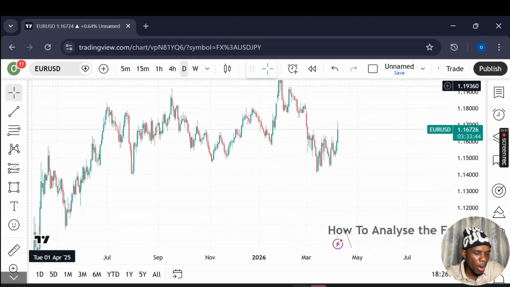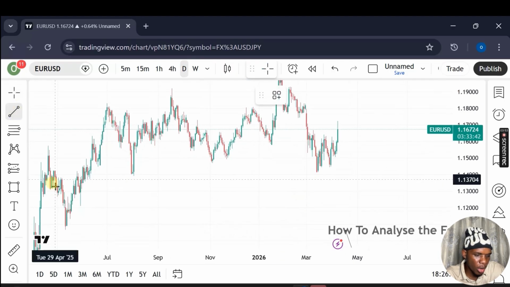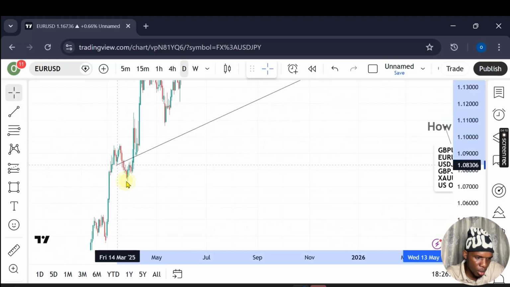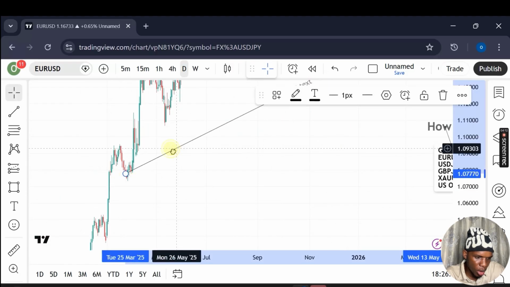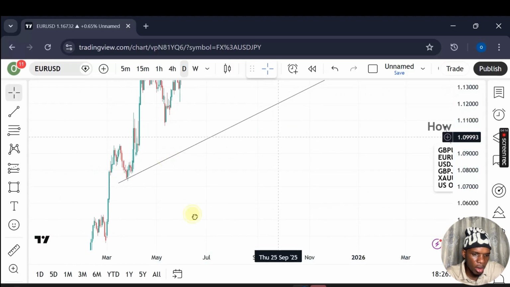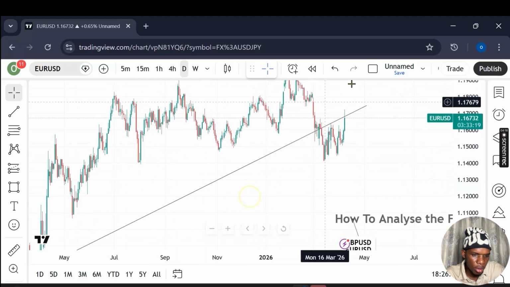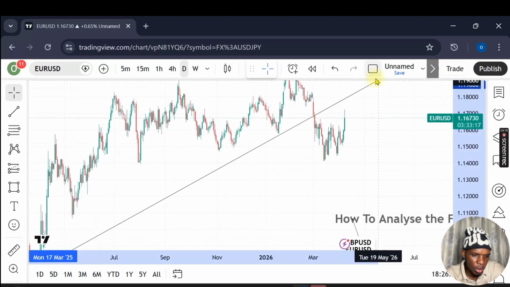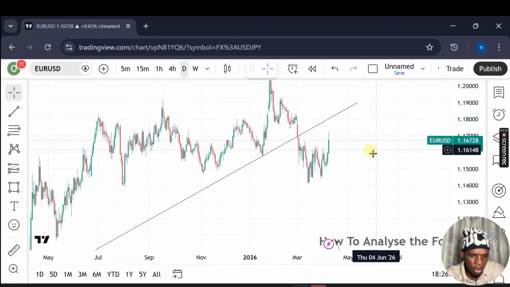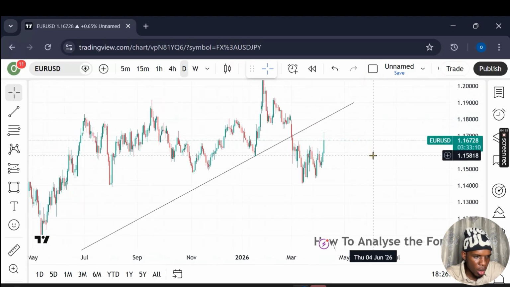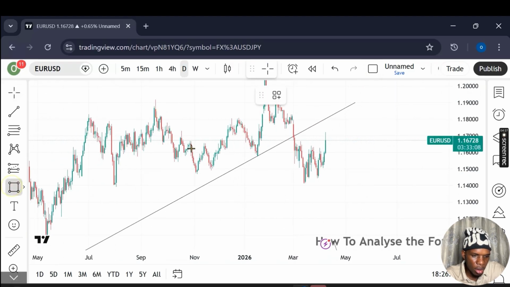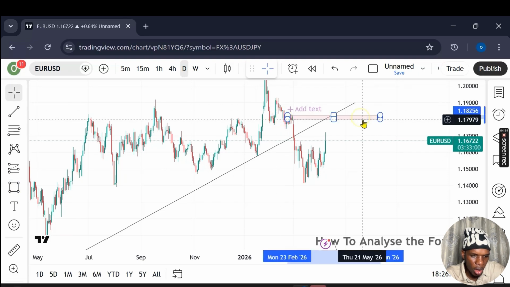So if I pull up my trend line from here, from here exactly to here exactly. So if I pull up my trend line from there to there, and if I also pull up my rectangle to here, there's a supply zone here.